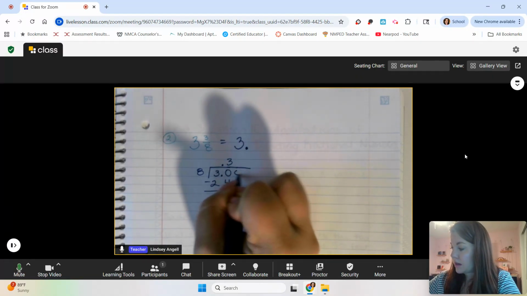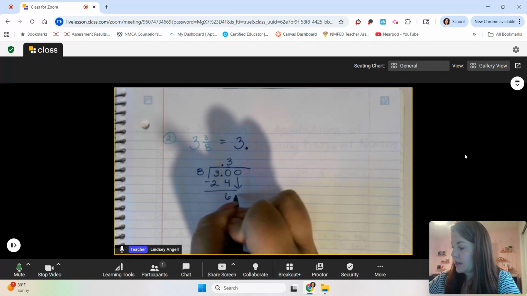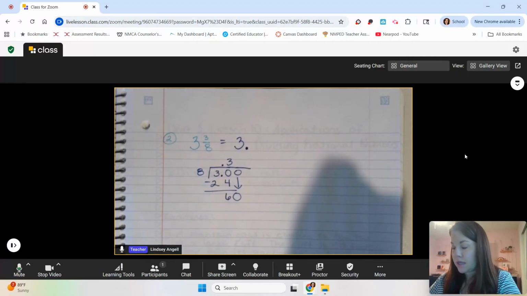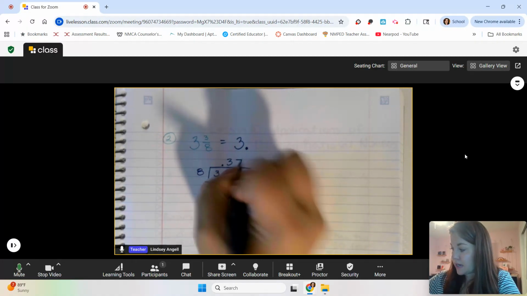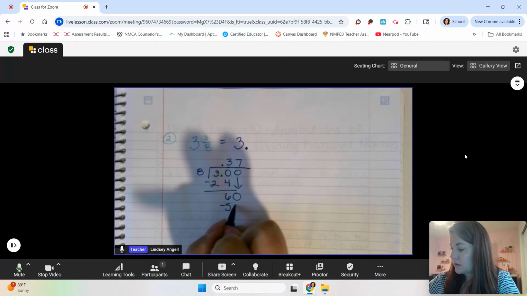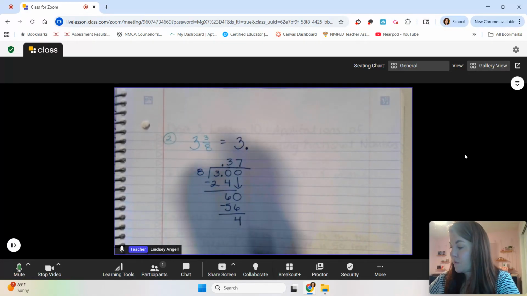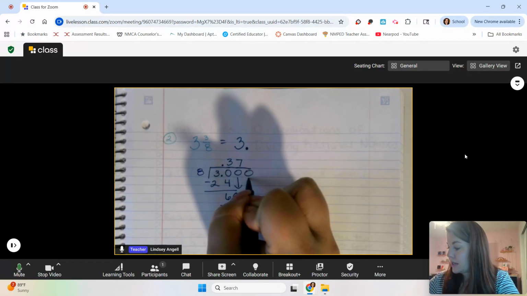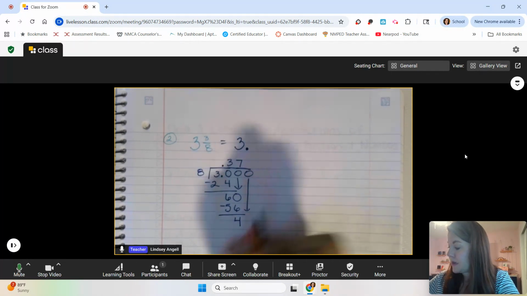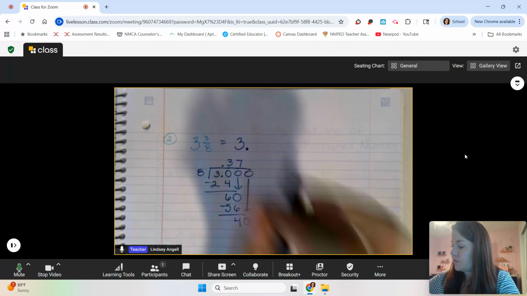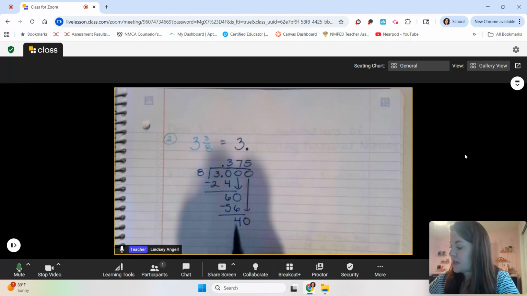Well, I got to go on to my next place value, so I'm going to annex another 0. 8 goes into 60 7 times. We used 56. Now I have 4 left over. Well, got to annex another 0 to go on to that next place value. 8 goes into 40. Ooh, yay! 5 times.